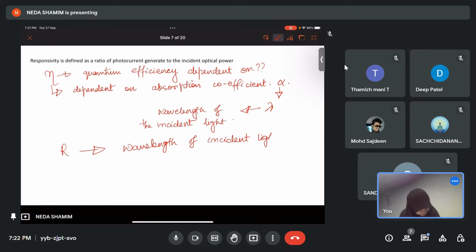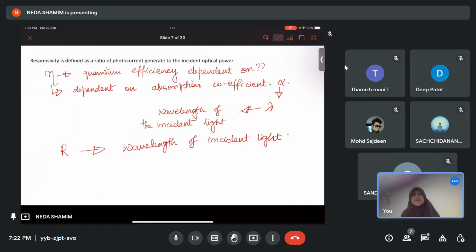So did you get this point? Absorption will not occur if the wavelength is greater than the cutoff wavelength, because these are semiconductor devices and they have a certain band gap. The incident light should have energy greater than or equal to the band gap of the semiconductor material used.